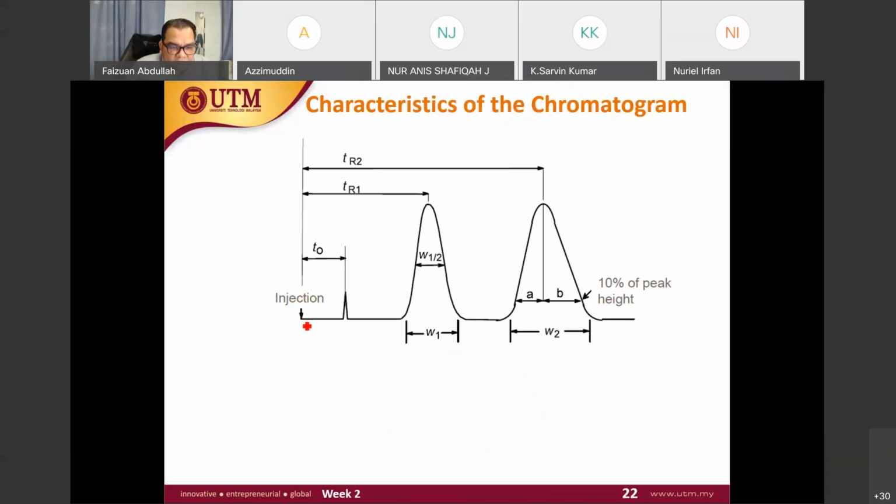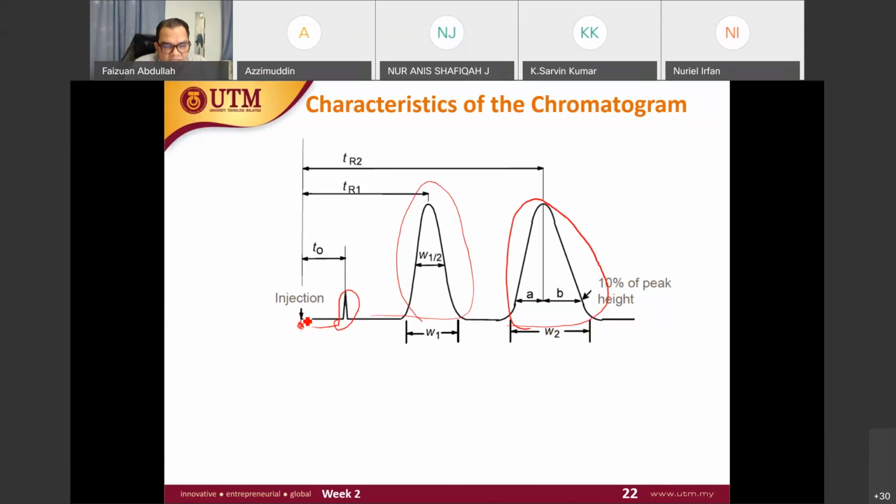This is the injection. This is the first time that we introduce the sample into the instrument. We inject the sample, and then when we wait for a certain time, one peak appears here. After that, again, we have one peak here. And we wait for a while. After that, we have another peak here.